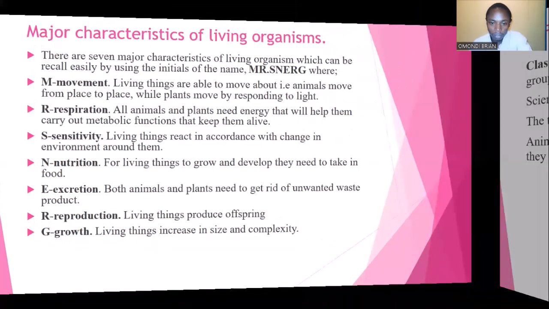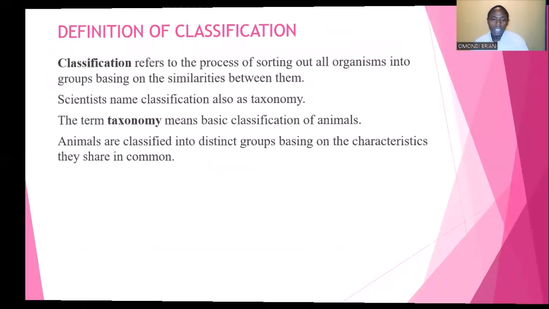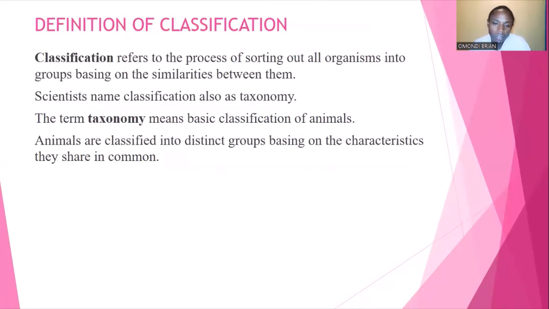Let's continue. Now, you're going to ask yourself, what is classification? According to me, classification refers to the process of sorting out all organisms into groups based on the similarities between them, and scientists also name classification as taxonomy.